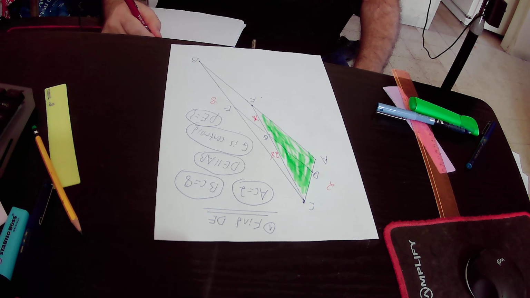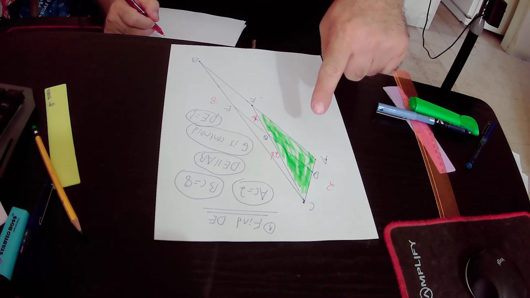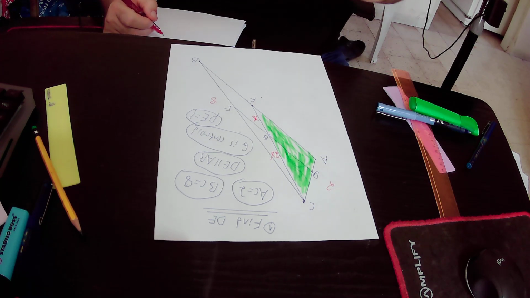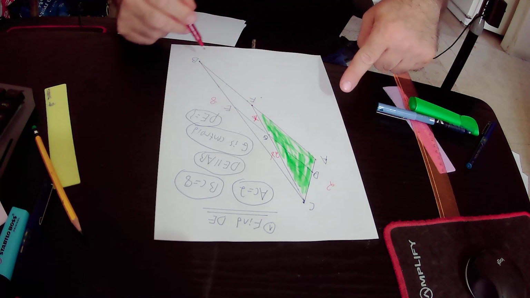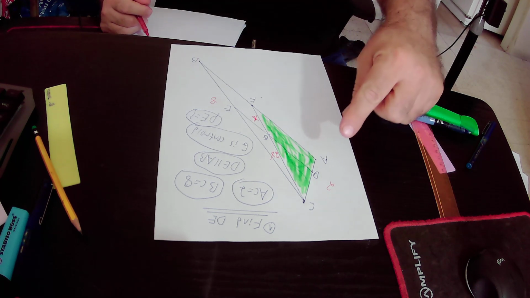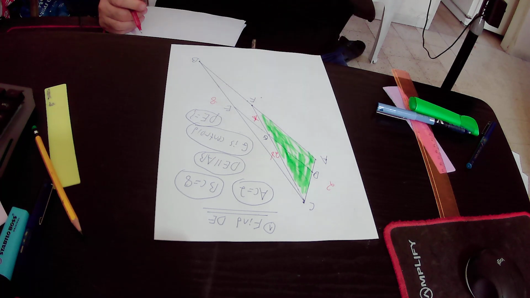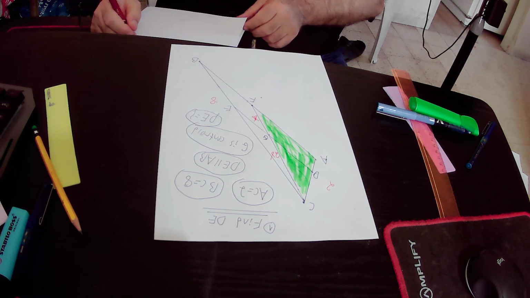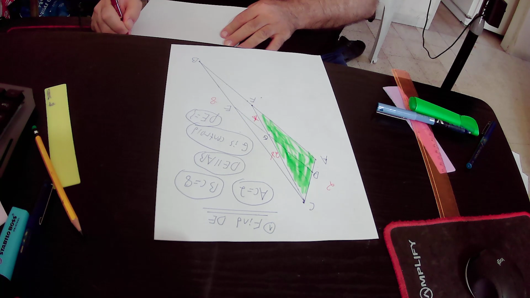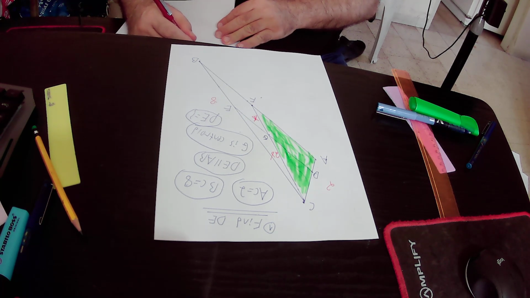Again, in the green triangle ACF, DE is parallel to AB, so according to rule number 2, CD over AD equals CG over GF. Okay, that is according to rule number 2 in triangle ACF.